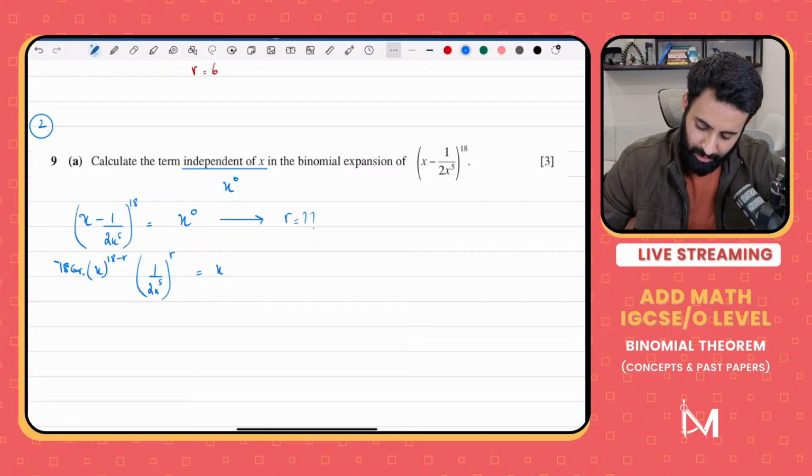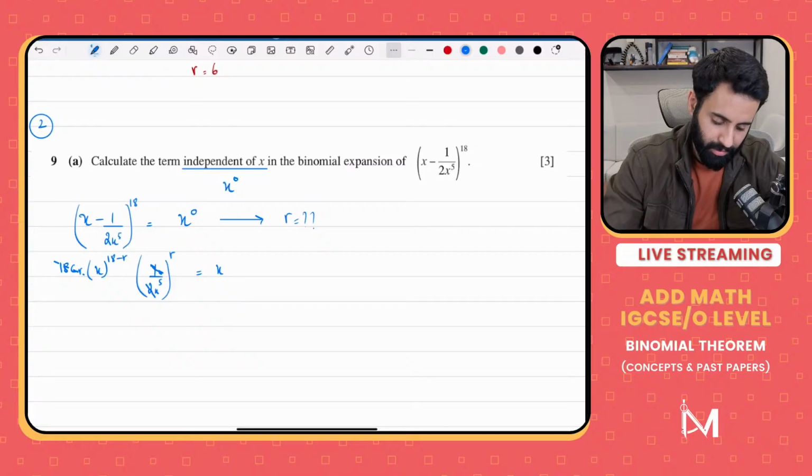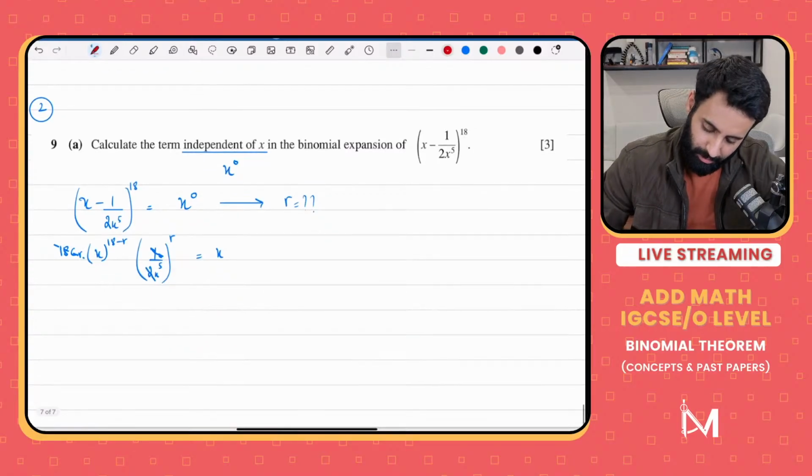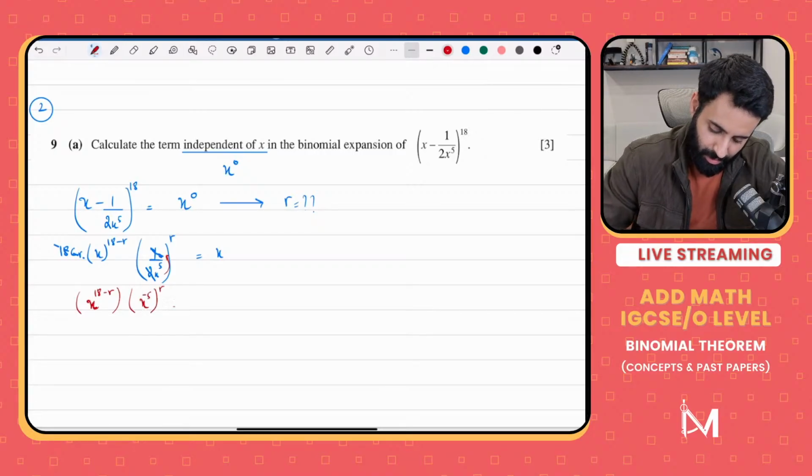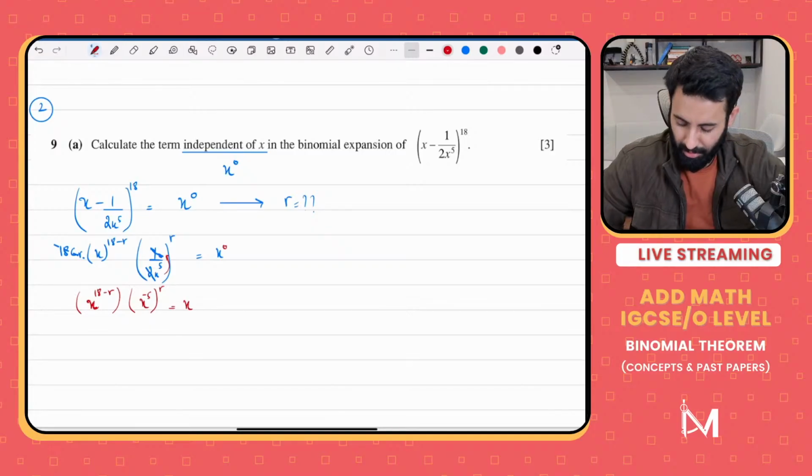So 18cr को इग्नोर करते हैं, 1 को इग्नोर करते हैं, 2 को इग्नोर करते हैं. ठीक है? We're just going to focus on x. So we have x raised to the power 18 minus r. We're going to shift this in the numerator using rules of indices. So multiplied by x power minus 5, sorry, to the power of r equals x power 0.